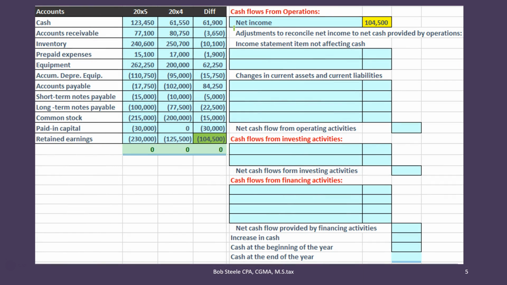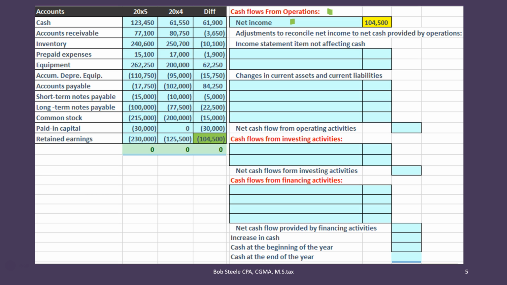The first thing we're going to start off with is the net income. Now this has to do with the difference between the direct method and the indirect method, and I want to talk about that briefly. The cash flows from operations is basically just taking the income statement and converting it from an accrual basis to a cash basis. If I asked someone to convert the income statement from an accrual basis to a cash basis, they would probably say we would figure out what revenue is on a cash basis.